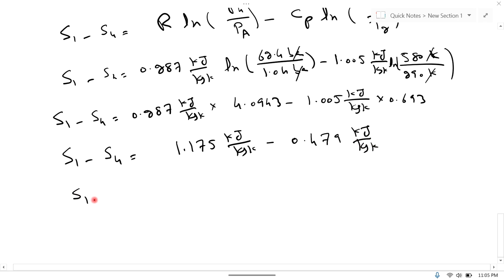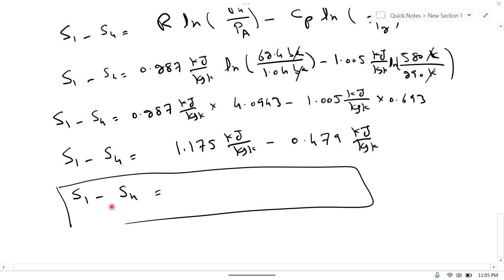So S1 minus S4, simplifying this value, 1.175 minus 0.696, which is equal to 0.479 kilojoule per kilogram per Kelvin.